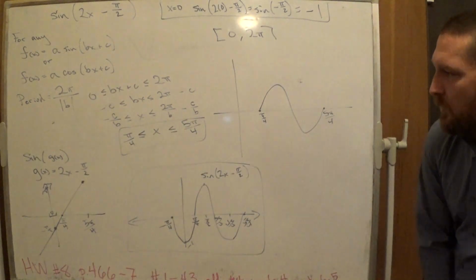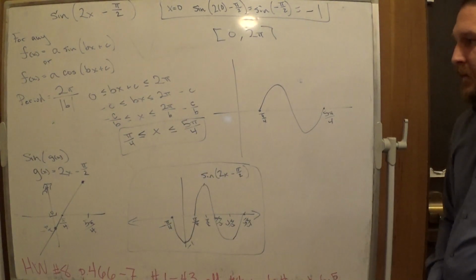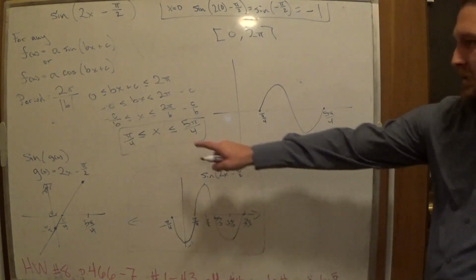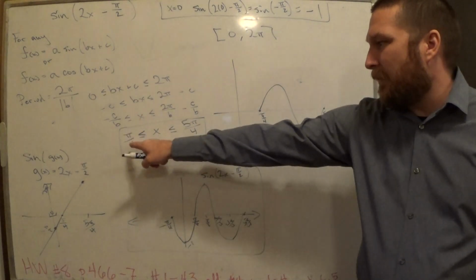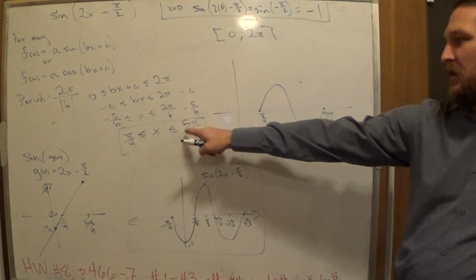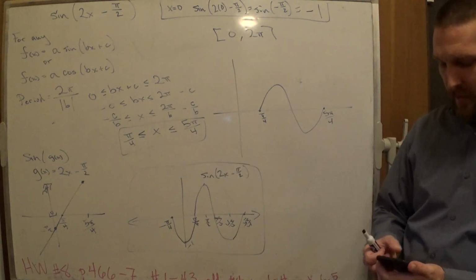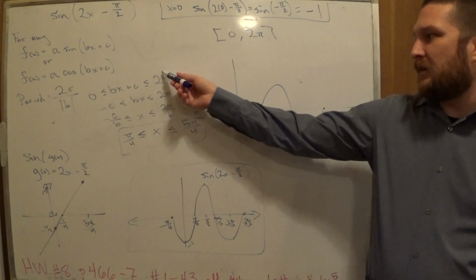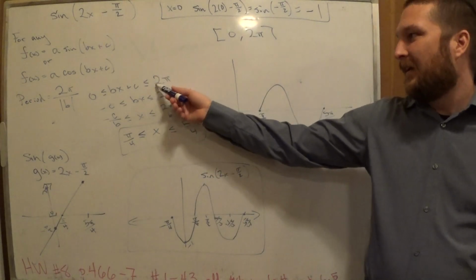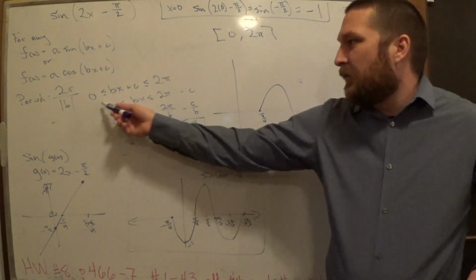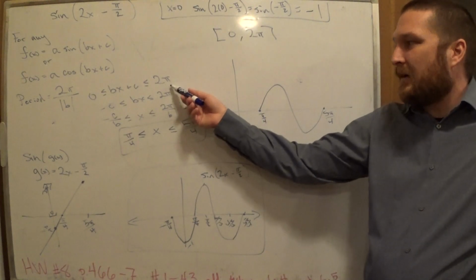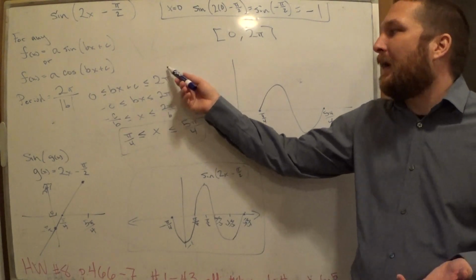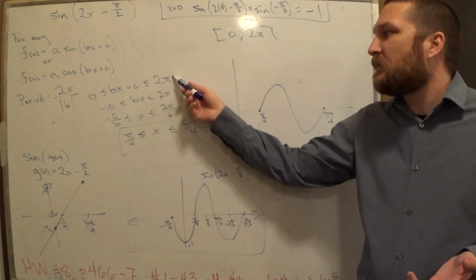But that's your new period, isn't it? Look at this, right? You start at pi over 4, you add that much to it, and that's how much you end up with. Or you could just think about it this way: this is how big your period is, is it not? That's why we chose it. We said from 0 to what? Well, I could have said 900,000, but I didn't, because 2 pi is one full period. That was the whole point.